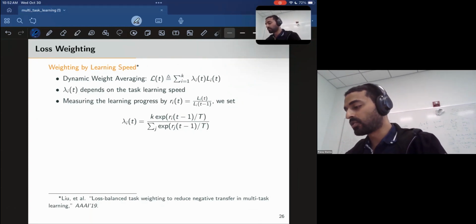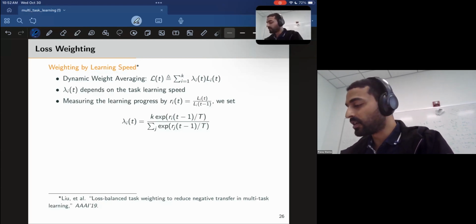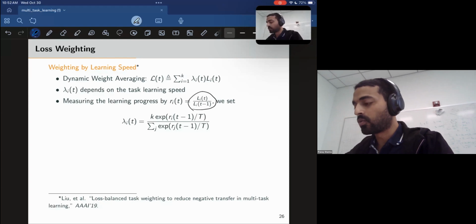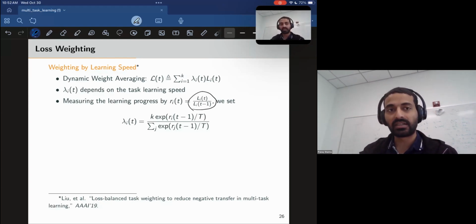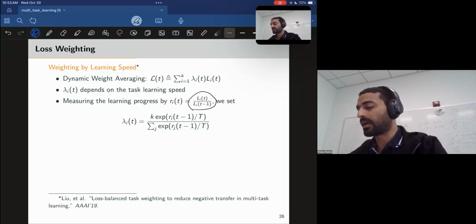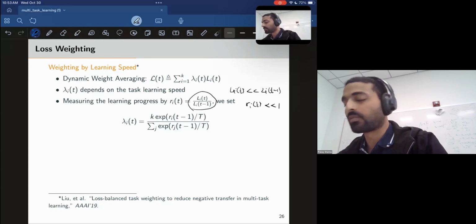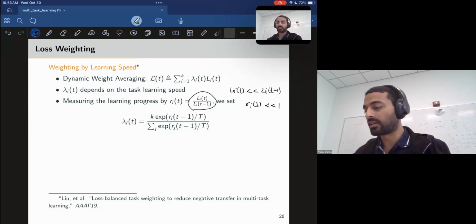So just to make things more concrete, we can measure the progress of learning or the speed of learning by this ratio. So what is the loss value at the current time instant, and what was the loss value at the previous time instant? This ratio can give us an estimate of how quickly learning is happening. So if L_it is much smaller than L_i(t-1), then R_it is much smaller than 1, and we have very quick learning.